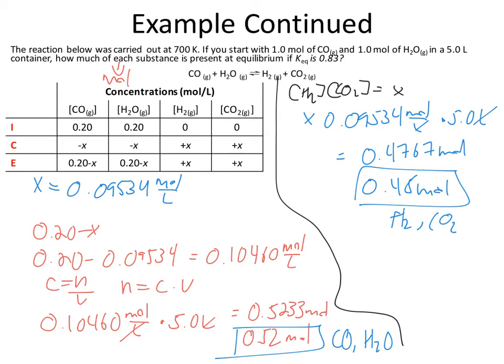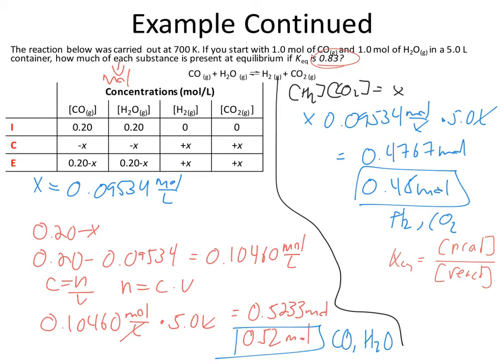And that makes sense if we go back to our K equilibrium value. Remember that for this K equilibrium value to be a decimal, what that means is that our denominator has to be bigger than our numerator. And remember that our denominator is all about our reactants, and our numerator is all about products.